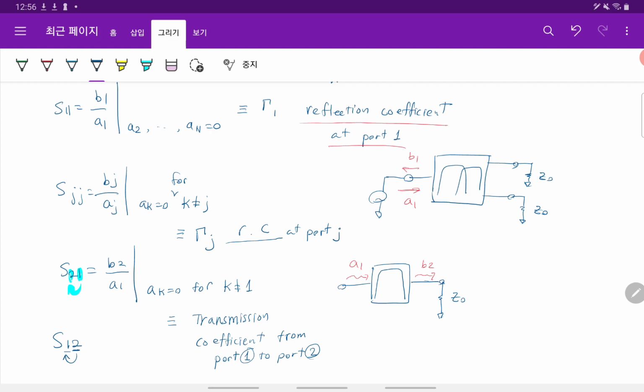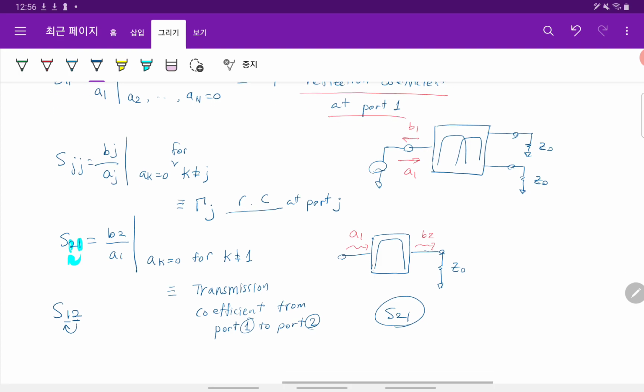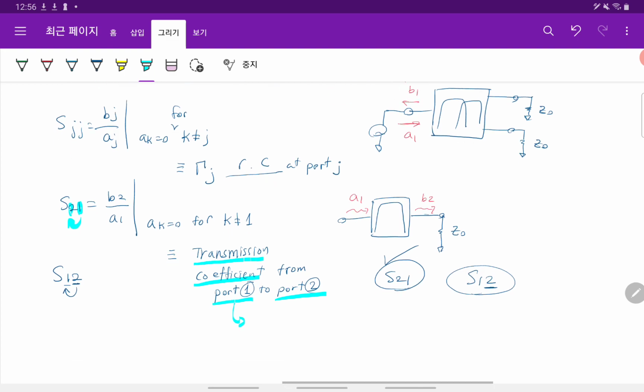So normally we use port 1 as an input port, so S21 is very common for transmission coefficient calculation. S12 has the source at port 2, right? So this is not that common. S21 is common because it means the transmission coefficient from port 1 to 2, because port 1 is normally the input port, which is connected to the source, right?